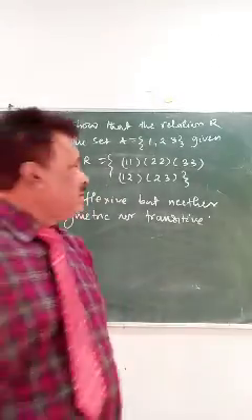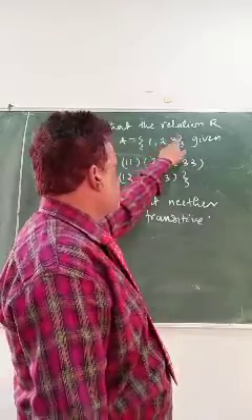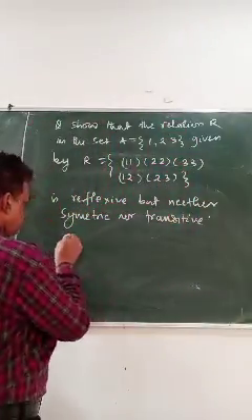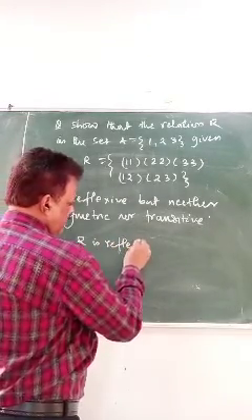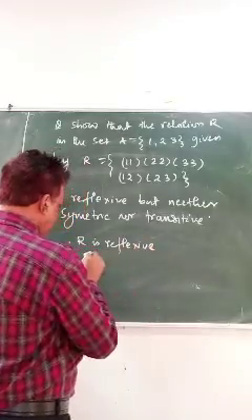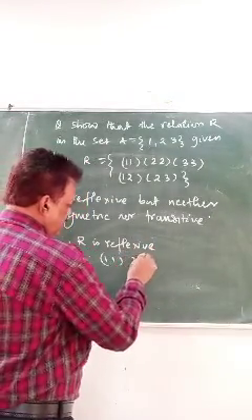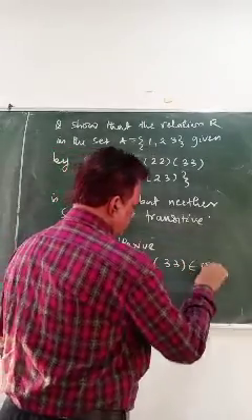Got the point? Look at these elements. For each element, (1,1), (2,2), (3,3) should be there. Yes, you are finding it. So R is reflexive, since (1,1), (2,2), (3,3) belong to R.